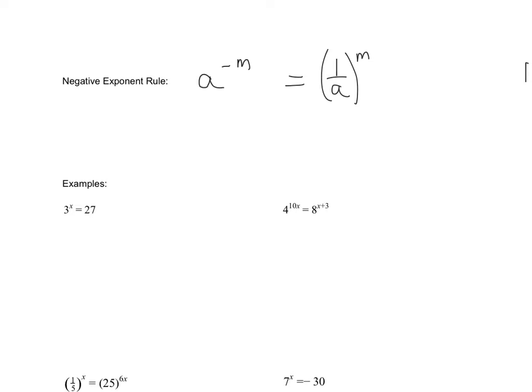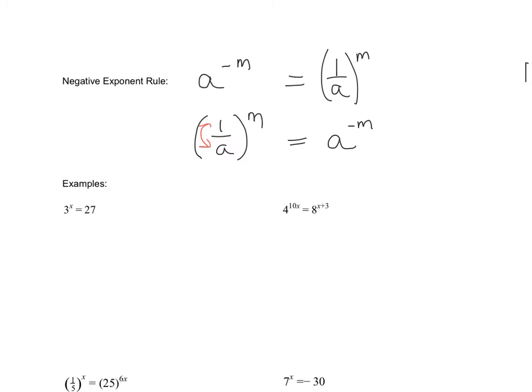So if we have a negative exponent, instead of having the base of a, we take it 1 over a, and then our exponent becomes positive. Or vice versa, if we have 1 over a to the m, it can work in the opposite way. If we flip this base, then this would just become a to the negative m.